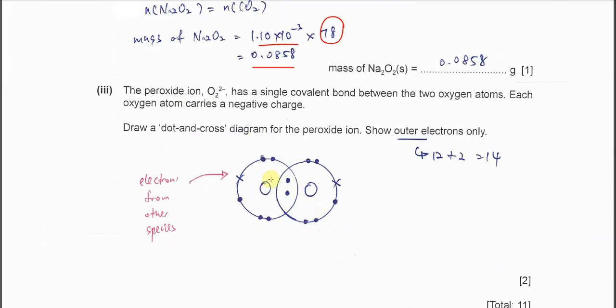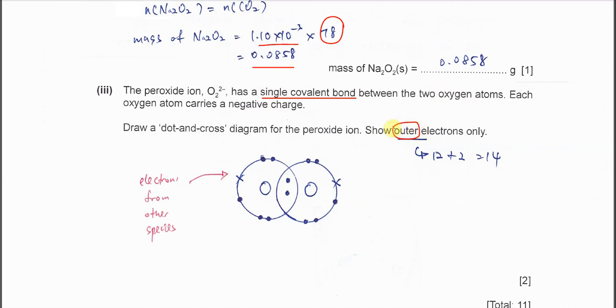For part 3, draw the dot cross diagram for this peroxide ion. Already given you a hint: it has a single covalent bond between the two oxygens. Therefore, you just need to put a pair of electrons between them. And you have to know how many outer electrons you need to show.